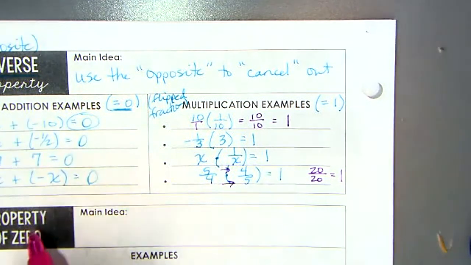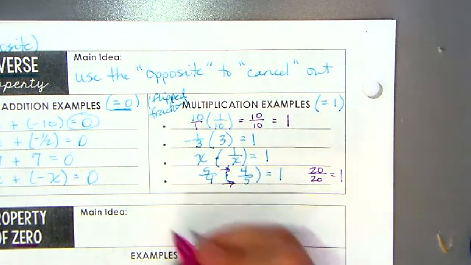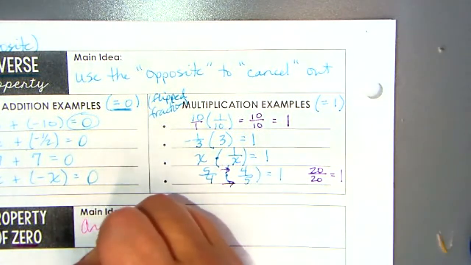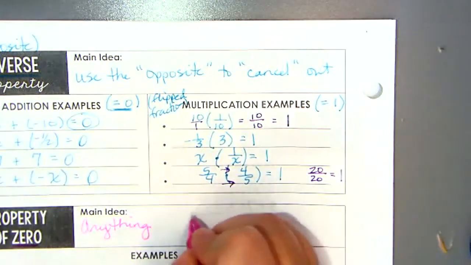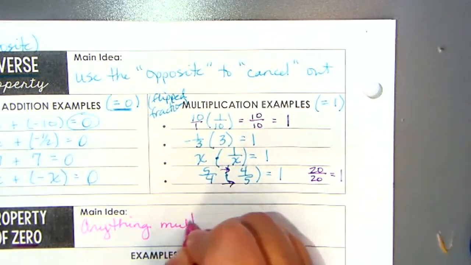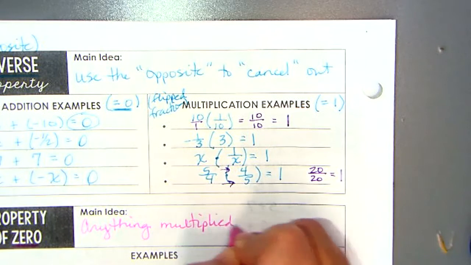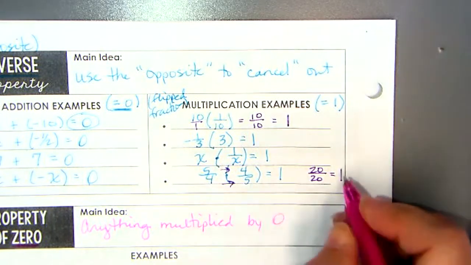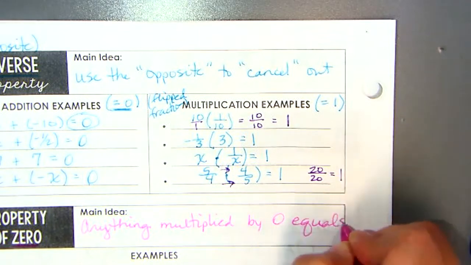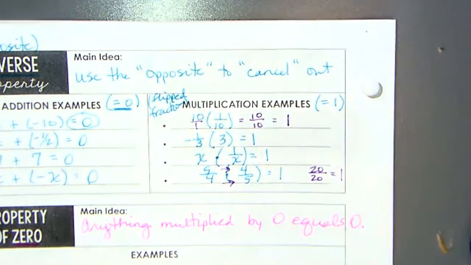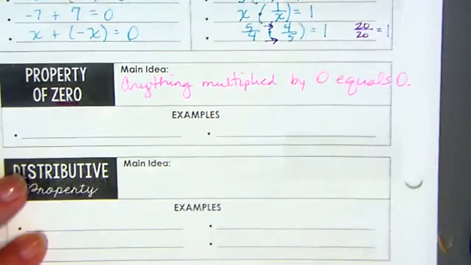Looking at the property of 0. Anything multiplied by 0 equals 0.